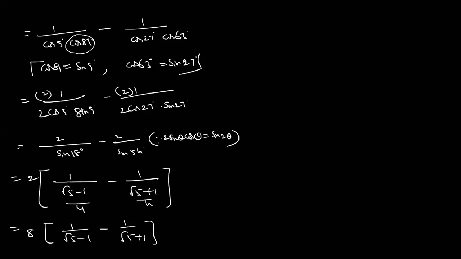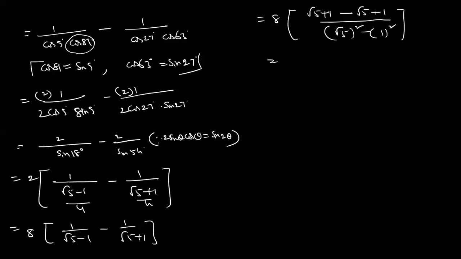So take the LCM, dear students. 8 into LCM is coming root 5 plus 1 minus root 5 minus 1 by root 5 whole square minus 1 whole square. See carefully. Still anyone confused about how to take the LCM? This is minus of root 5 minus 1. So these two terms are cancelled. So 8 into 2 by a square minus b square. How much is coming? 4.